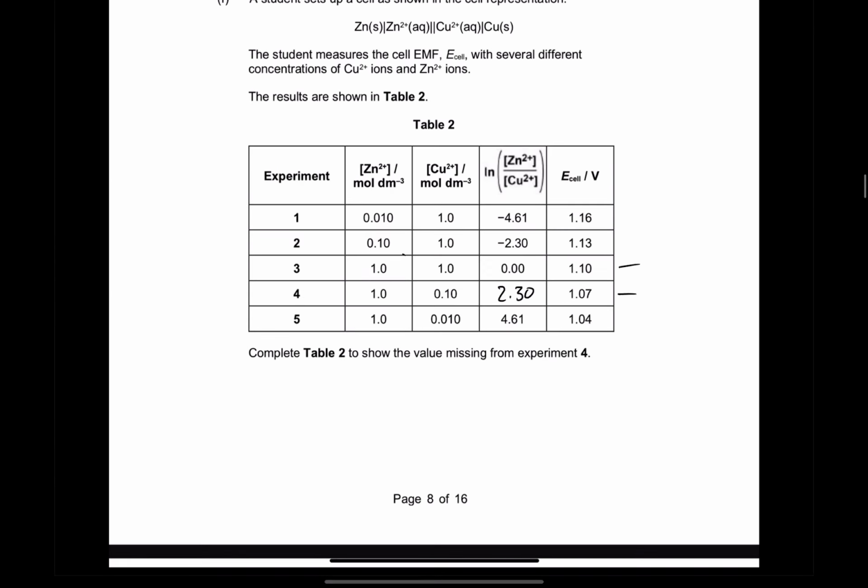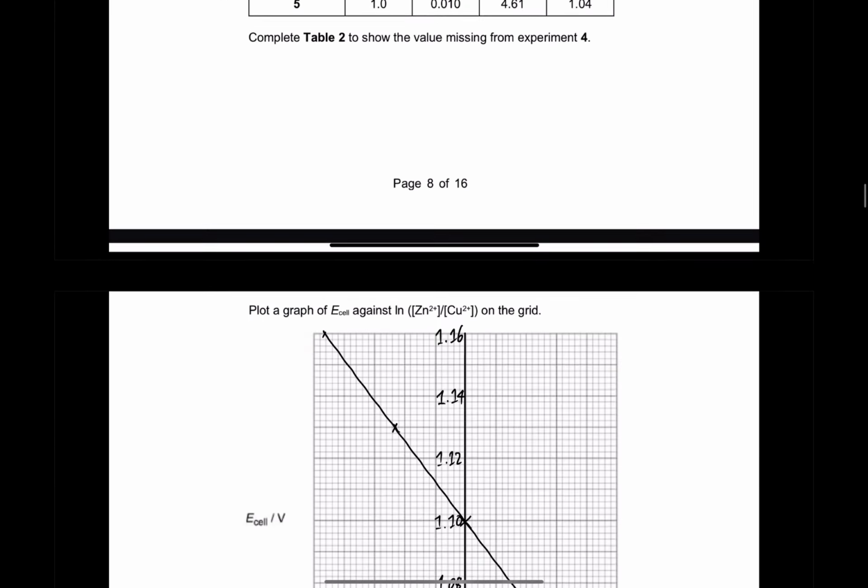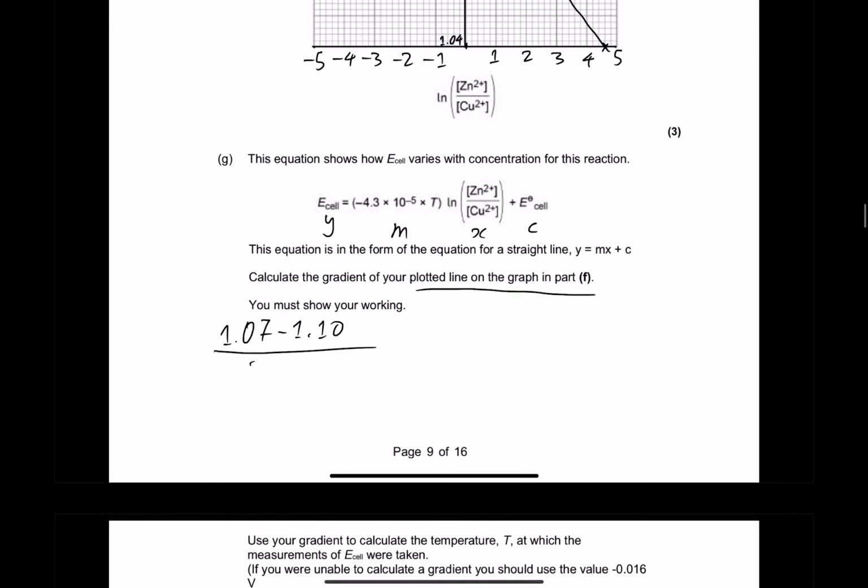And that's what again? 2.3 minus 0. Zero is just 0.03 minus 0.03 in there, but anyway.